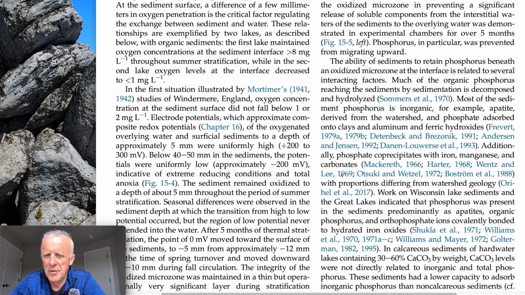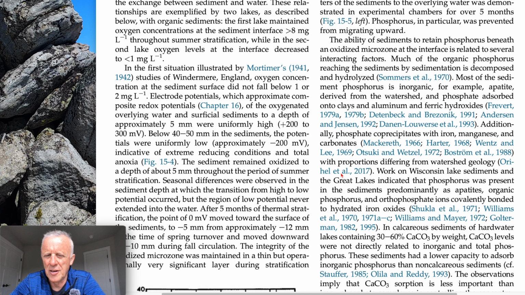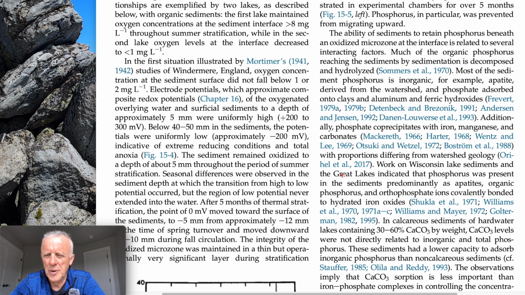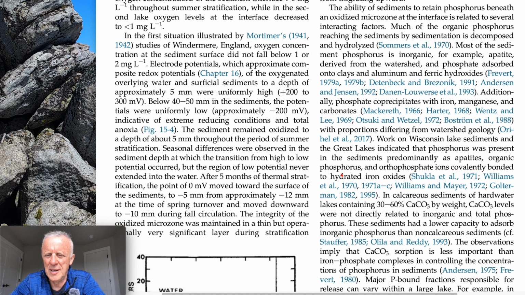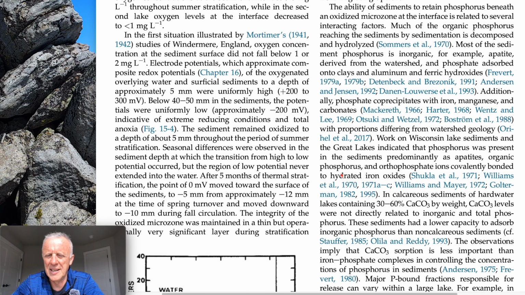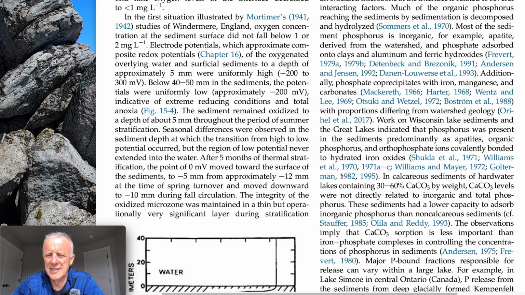The ability of sediments to retain phosphorus beneath an oxidized microzone at the interface is related to several interacting factors. Much of the organic phosphorus reaching the sediments by sedimentation is decomposed and hydrolyzed. Most of the sediment phosphorus is inorganic, for example, apatite derived from the watershed, and phosphate adsorbed onto clays and aluminum and ferric hydroxides.